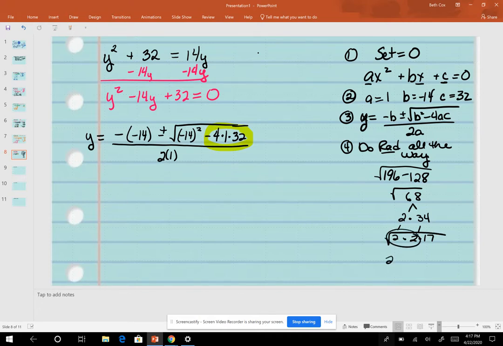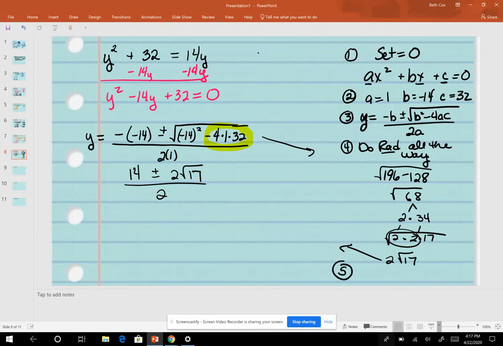All right, so I get 2 square roots of 17. Okay, radical done all the way. I'm ready to go back to my problem. So now we've got a positive 14 plus or minus 2 square roots of 17 all over 2.